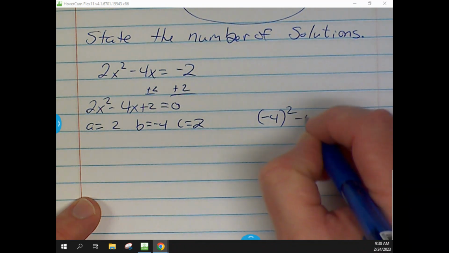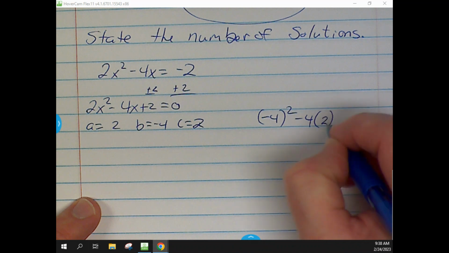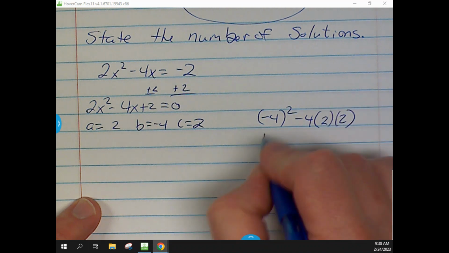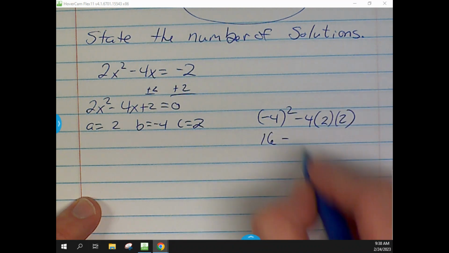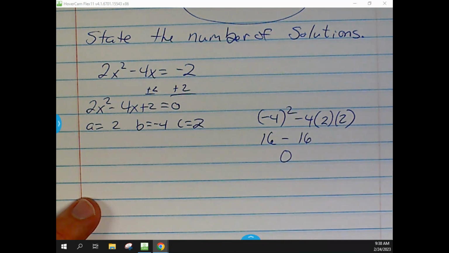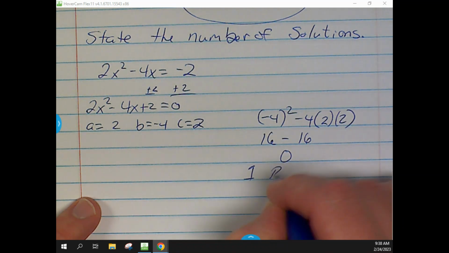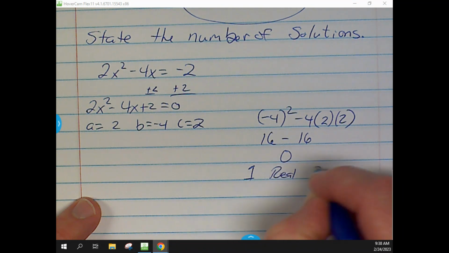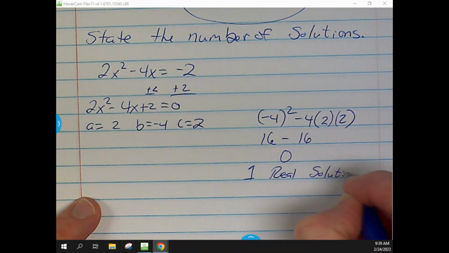B squared minus 4 times A times C. So it's 16 minus 16. Everybody get 0? Question. How many solutions? 1. Yeah. Okay. We got 1 real solution.